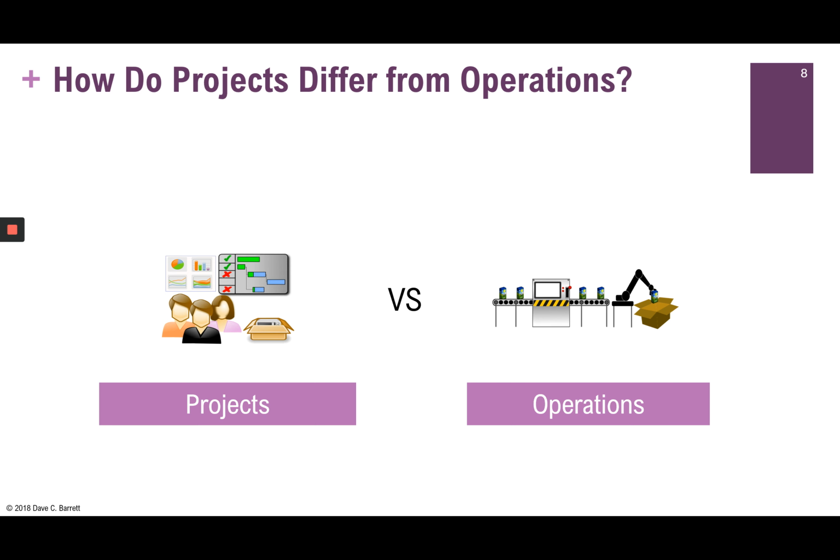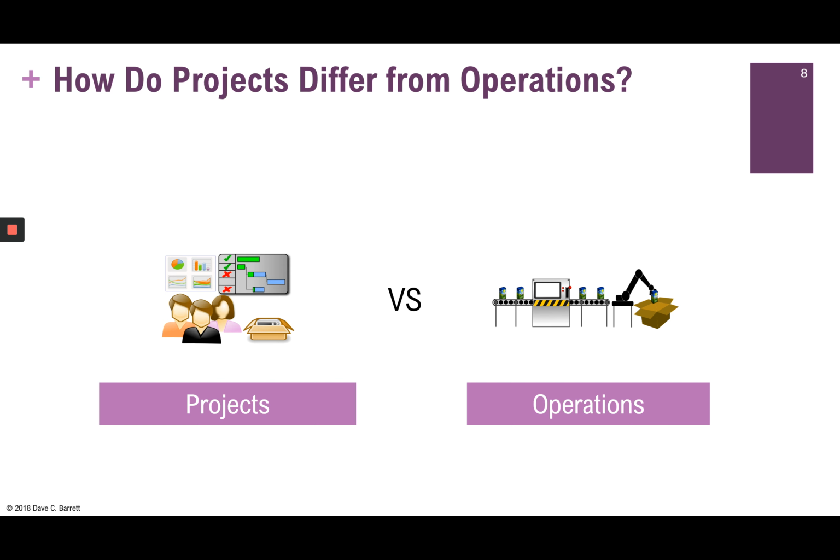Now, how do projects differ from operations? Well, within an organization, there's project work and there's operational work. Project work, as we talked about, is temporary and it produces something unique. Well, operations is really the exact opposite. It is the work within the organization that is not temporary, that is ongoing, and it's producing not unique results and products, it's identical products.